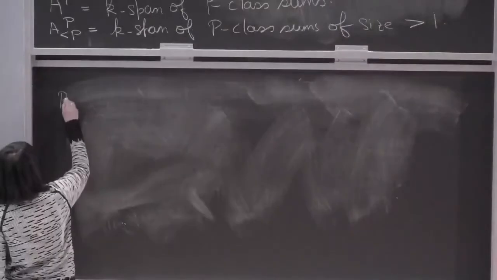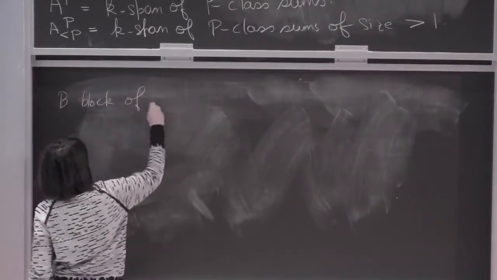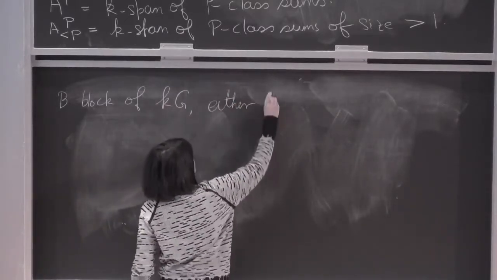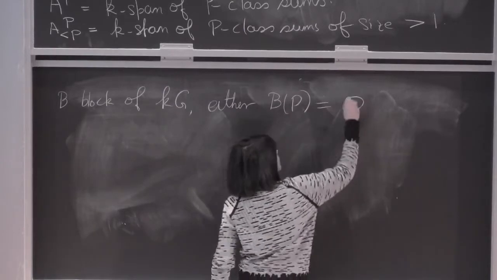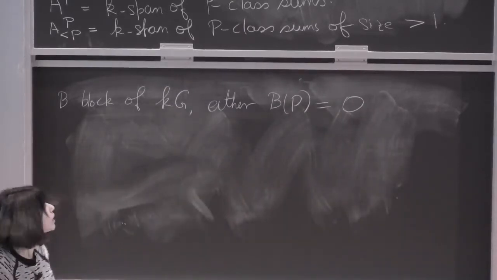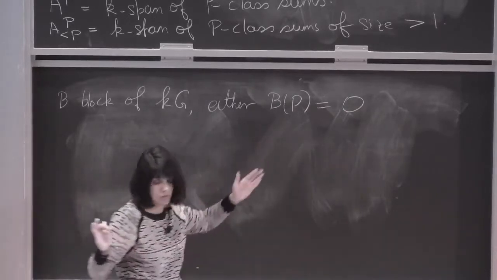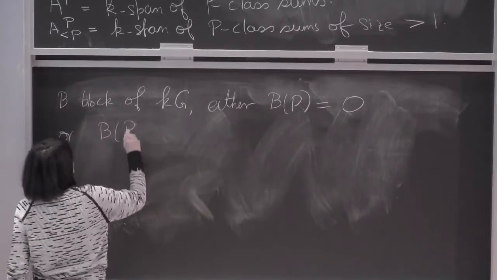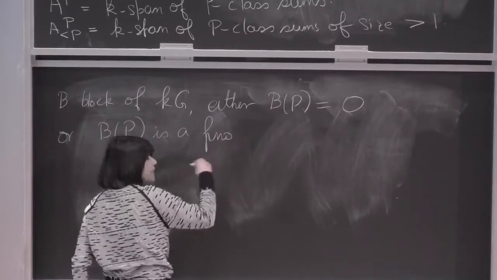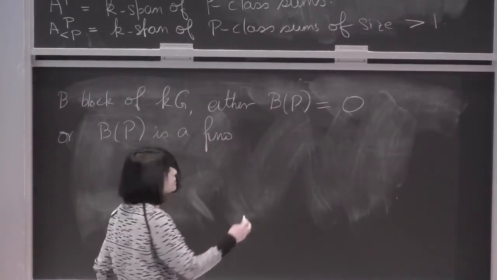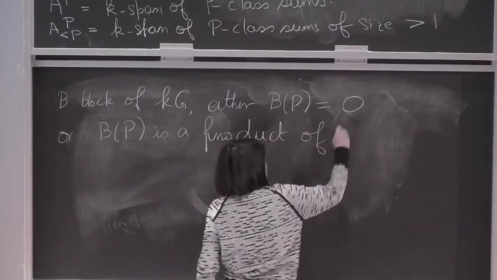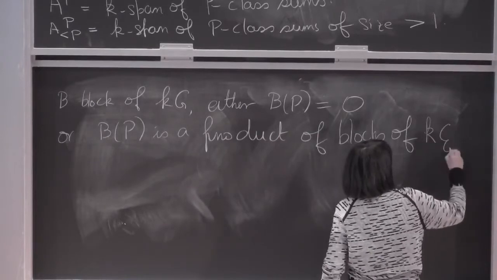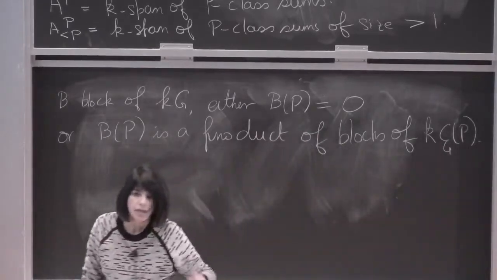But now if B is a block of KG, then either, if you apply this Brauer homomorphism Brauer_P to B, you go away, and then the block was not P-local, or Brauer_P(B) is a piece of the group algebra of KC_G(P). So it's a product of blocks of KC_G(P).